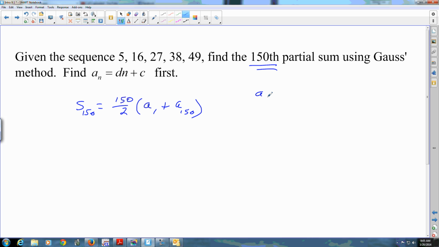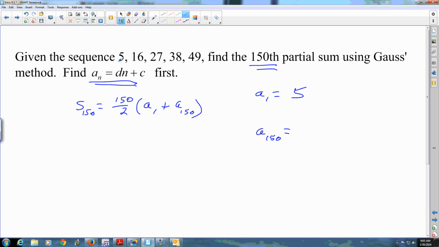So again, you need to find your first term and the 150th term. Well, we have the first term, that's 5. But to get the 150th term, you're not going to just continue these numbers all the way out until you get to the 150th one. That would be crazy. You need to find the formula that generates this pattern so you can find the 150th term.